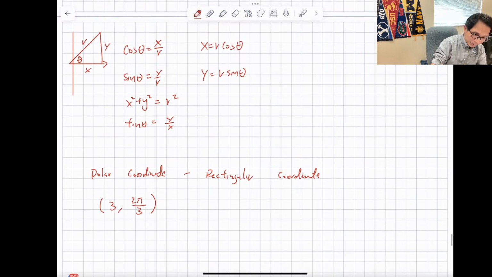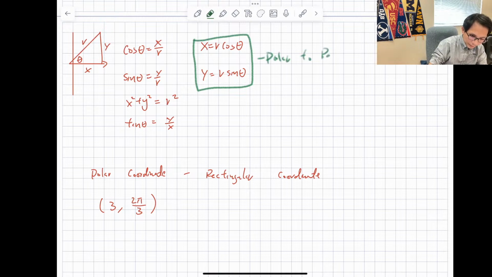All I've got to do is apply these equations, because this one is polar to rectangular. Oh, also, rectangular has another name. It's called Cartesian coordinates. You guys should know that.